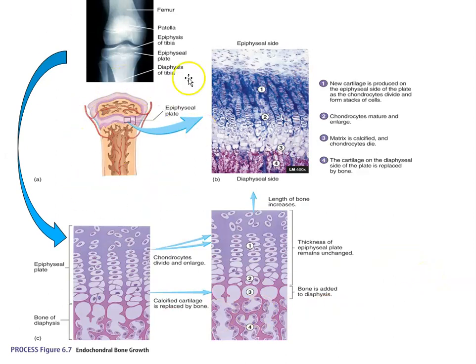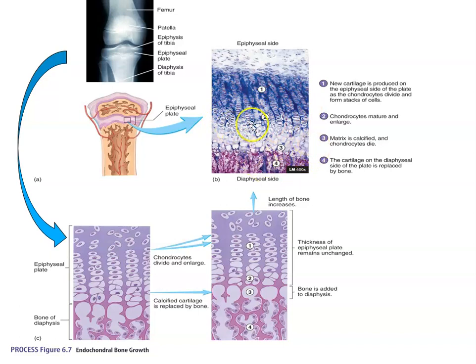So we're looking at this immature bone, zooming in on the epiphysis. And when we do that, we'll see that on the epiphysis side, so over here, we'll see cartilage being produced, and then the chondrocytes will divide, enlarge, die off as the cartilage calcifies, and they kind of stack up like coins here.